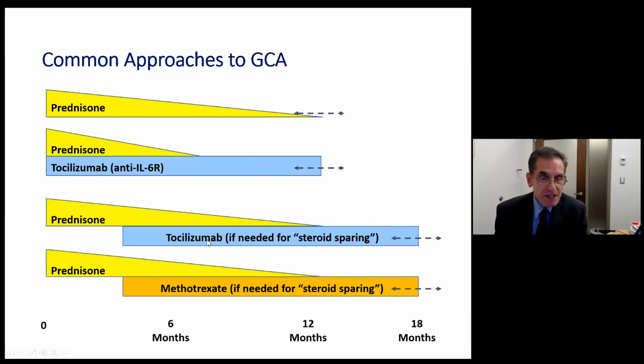Otherwise, patients may sometimes use prednisone as a sole agent, and if they run into problems or they can't taper, then tocilizumab could then be added for a steroid-sparing effect. The use of methotrexate is of some controversy. Whether it is an effective steroid-sparing agent is unclear, but it may be another alternative in patients who have trouble getting off of prednisone or who need an additional agent.